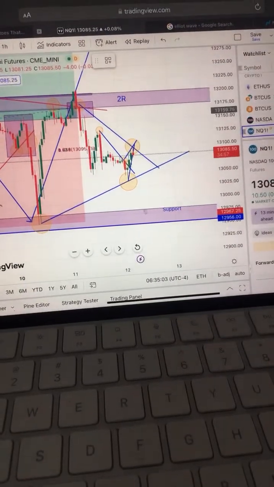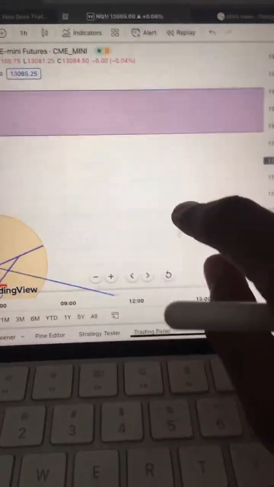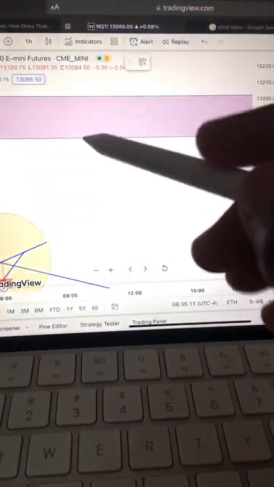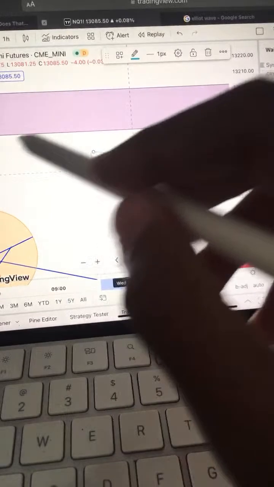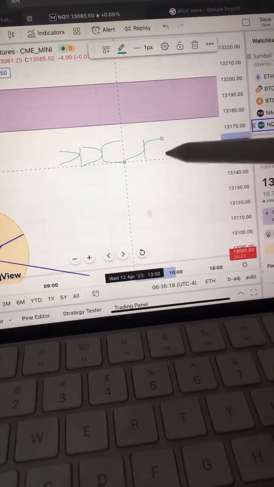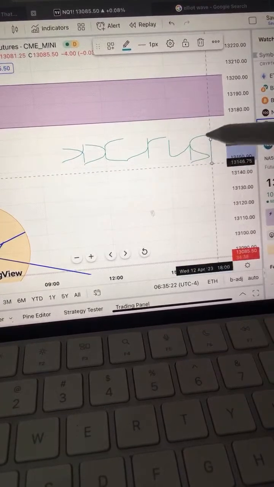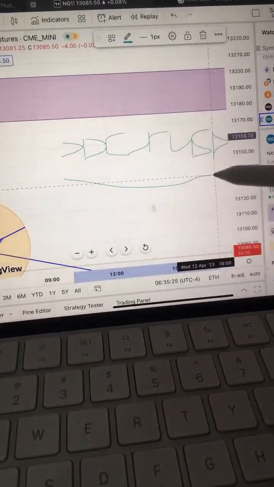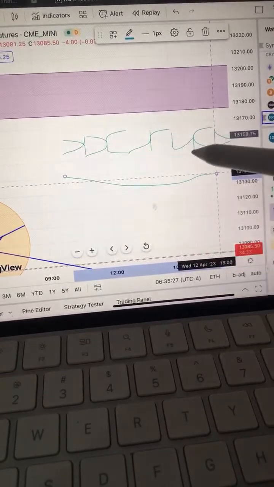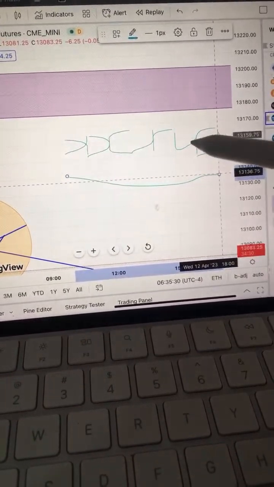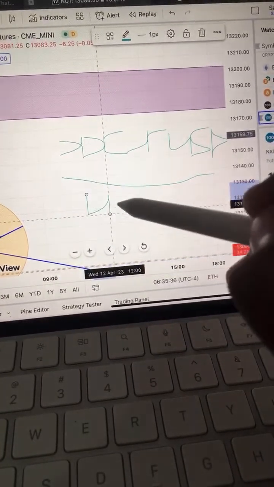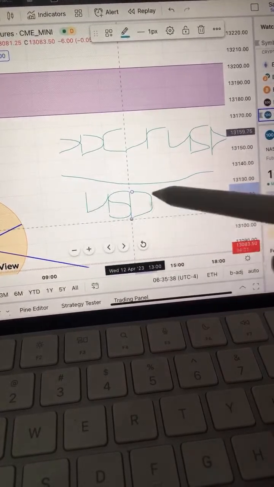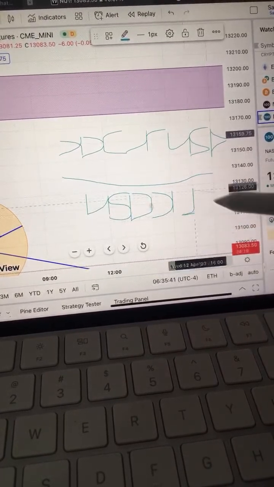So these instruments, then USD, like EUR/USD or GBP/USD or USD/CAD or USD/JPY.